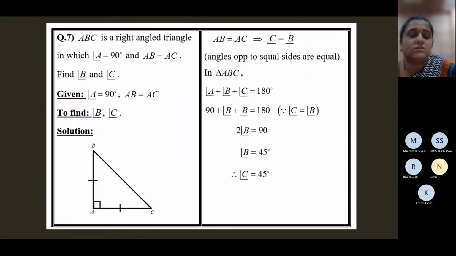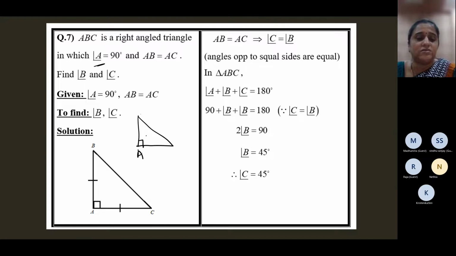It's very simple. So it's given that ABC is a right angle triangle, in which angle A is 90 degrees. So see here, ABC is a right triangle in which angle A is 90. And AB is equal to AC.